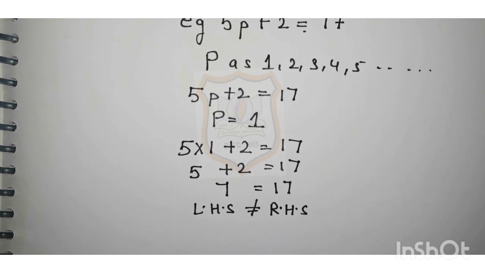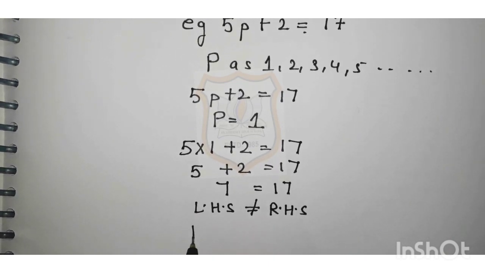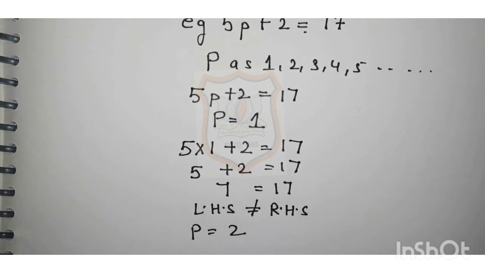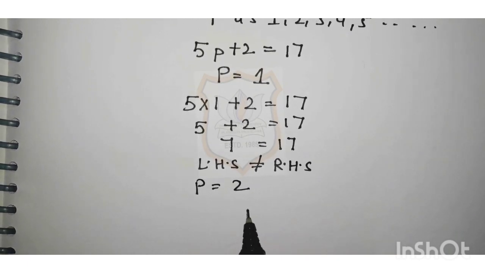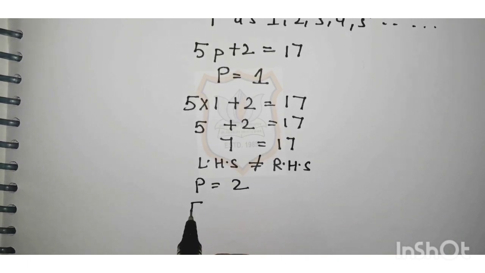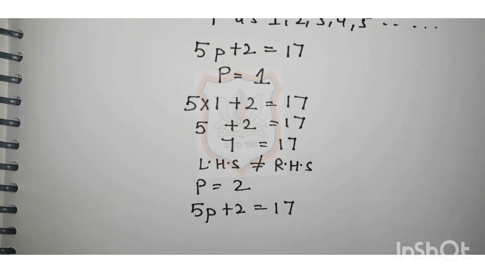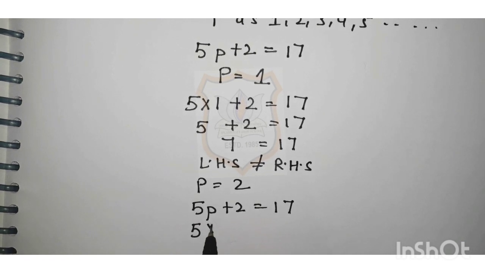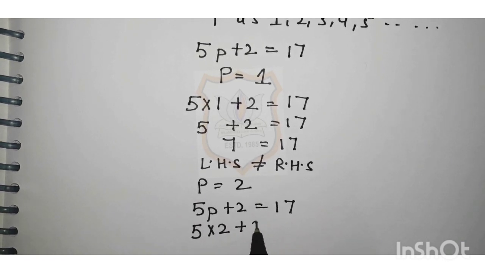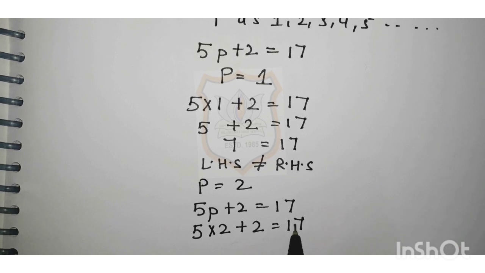Now I will put the value of p is equal to 2 in 5p plus 2 is equal to 17. Now in place of p, I will put 2. So 5 into 2 plus 2 is equal to 17.